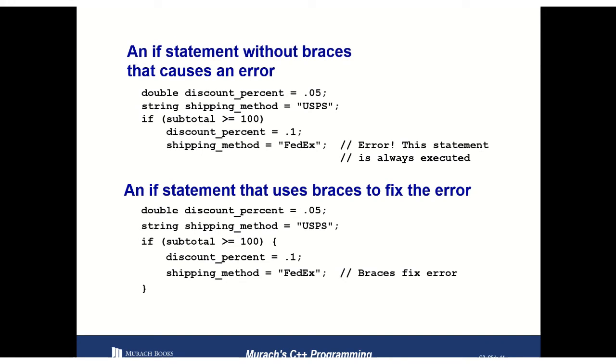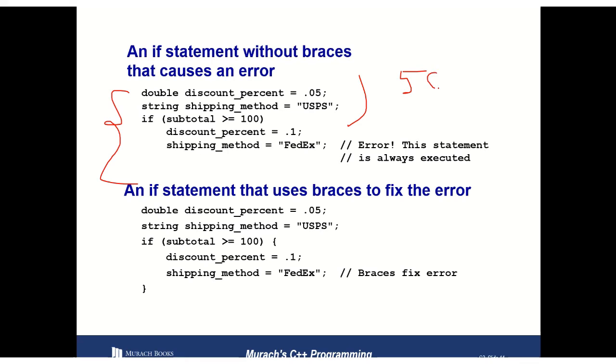Now, an if statement without braces can cause an error, you have to be cautious about that. Let's say you have a use case: if your subtotal is greater than $100, the discount percent you get is 0.1 and your shipping method becomes FedEx. Now for this code, let's say you include a subtotal of $50.